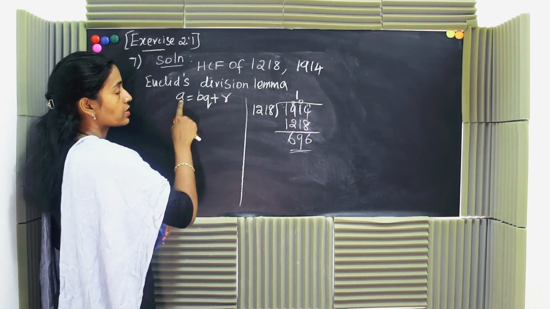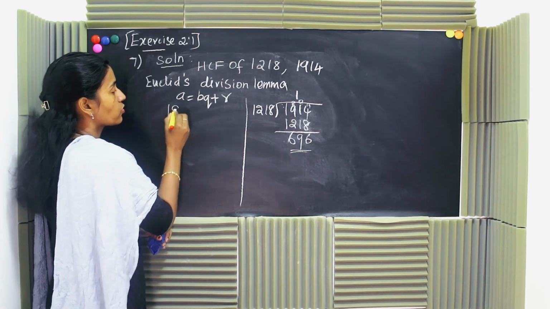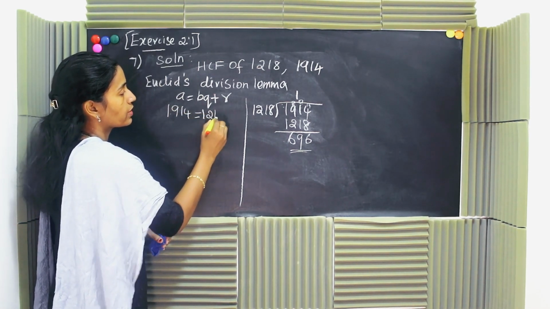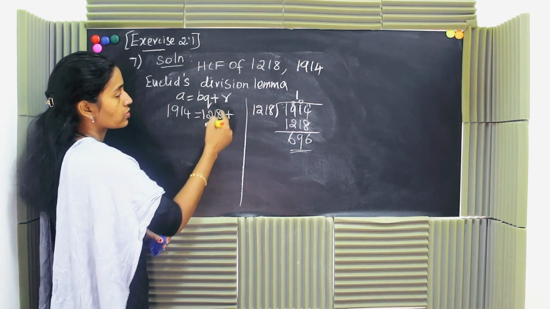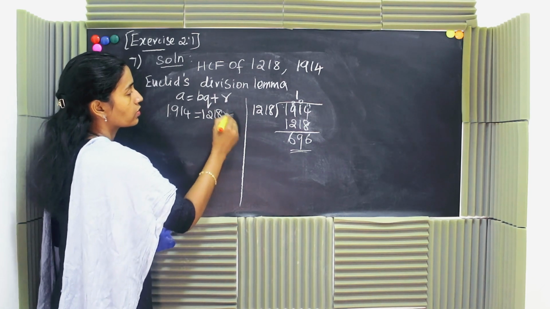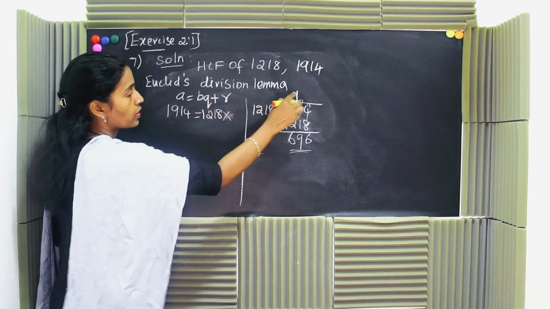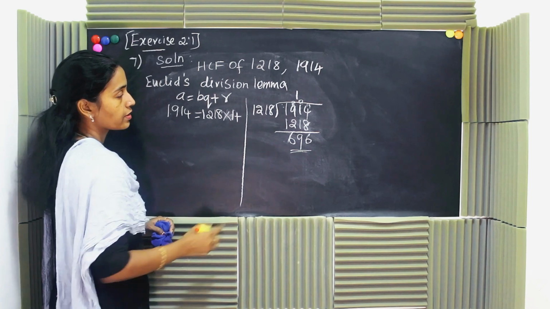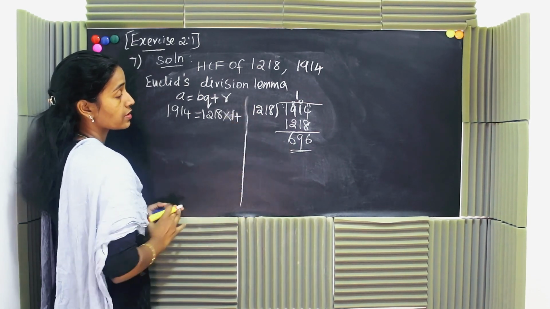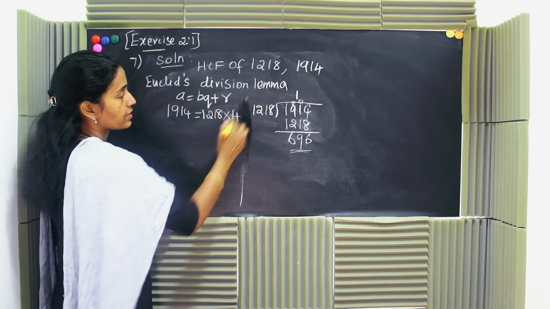So what is a here? 1914. What is b here? 1218. Plus what is q? Q is 1, right? And the remainder is 696.